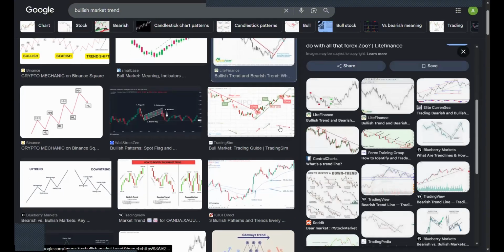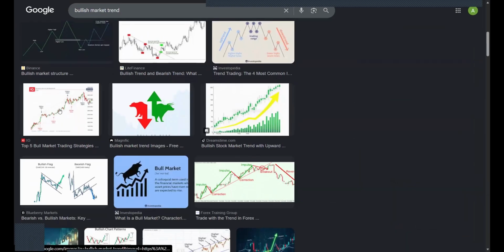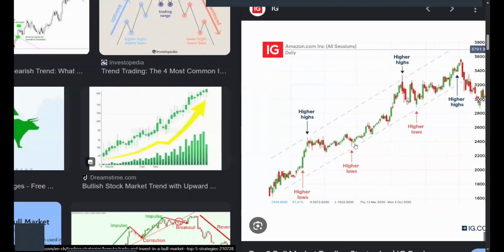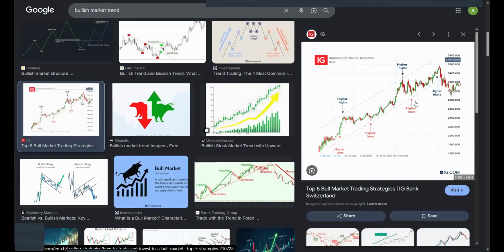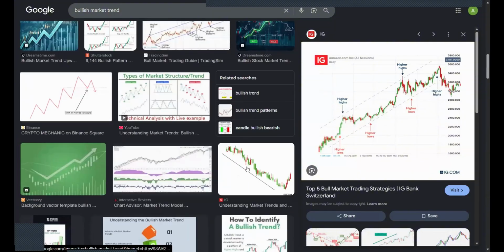A downtrend is quite right, price going down, and an uptrend is also price going up like this. So this is also an uptrend. Please just try to follow me. You see where I'm trying to go.